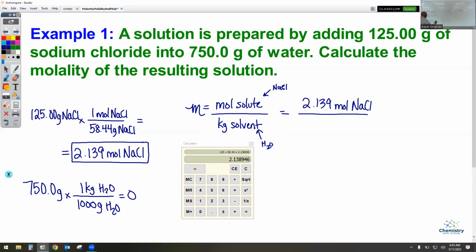Our denominator is going to be equal to 0.7500 kilograms of solvent. And so now when we do our division, 2.139 divided by 0.7500, we get 2.852.